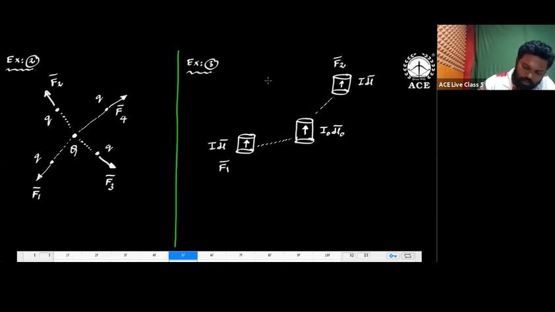If I bring the same current element in another direction, here it is F3.